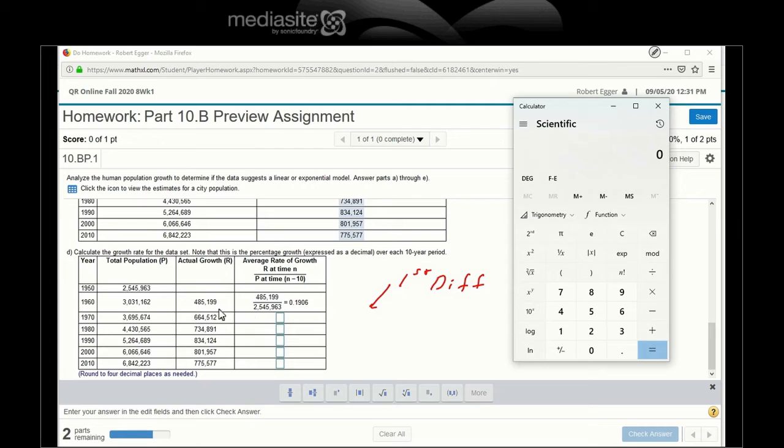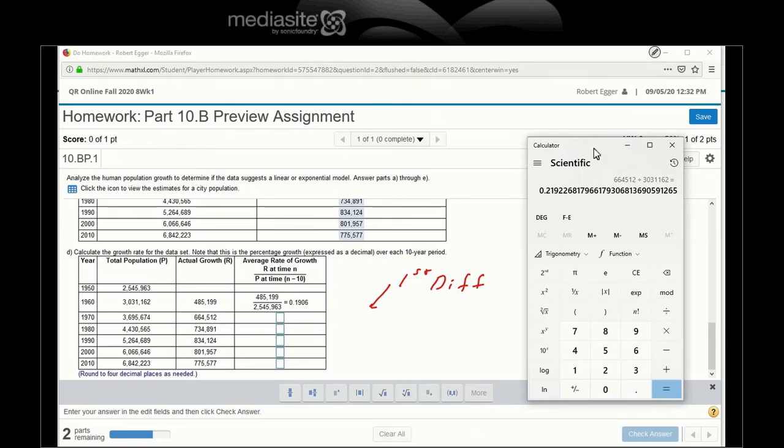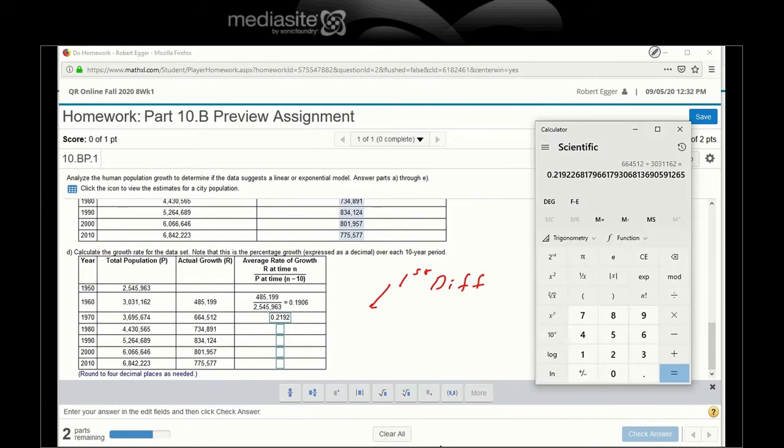So let's take this one, 664,512, and divide it by the 1960s population to see how much it went up compared to the previous decade. 3,031,162, for 4 places, looks like 0.2192.